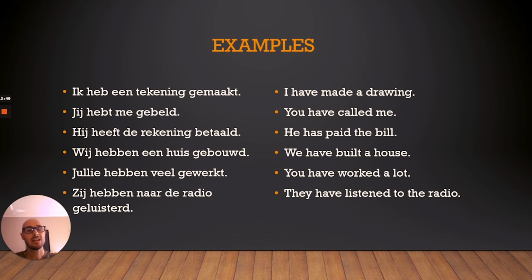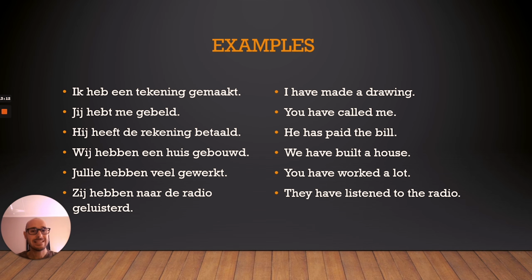So you will say, ik heb een tekening gemaakt. To give you a bad English translation, but so that you can understand the structure, you would say, I have a drawing made. That is basically how it is expressed in Dutch. So your past participle will go all the way to the end of the sentence.